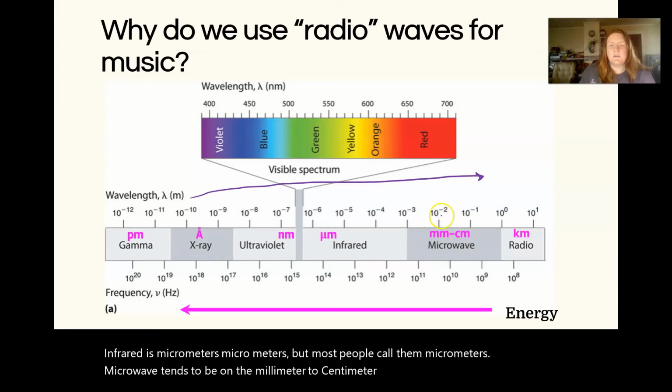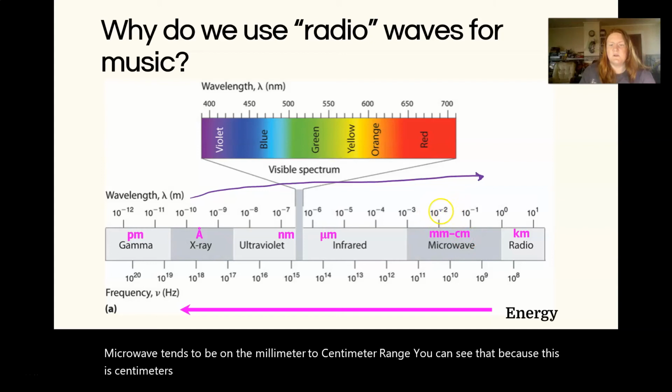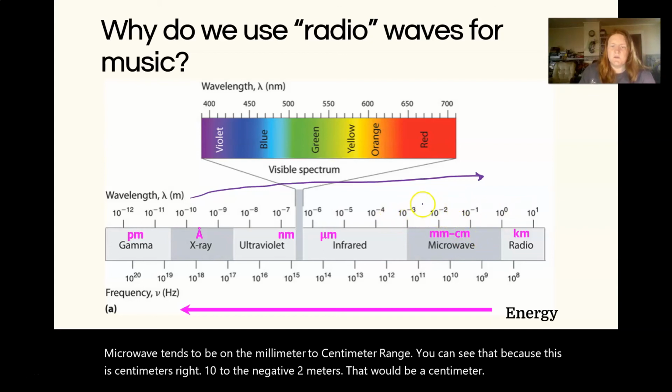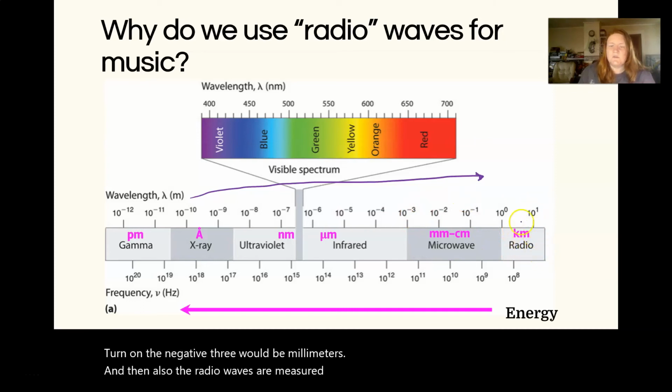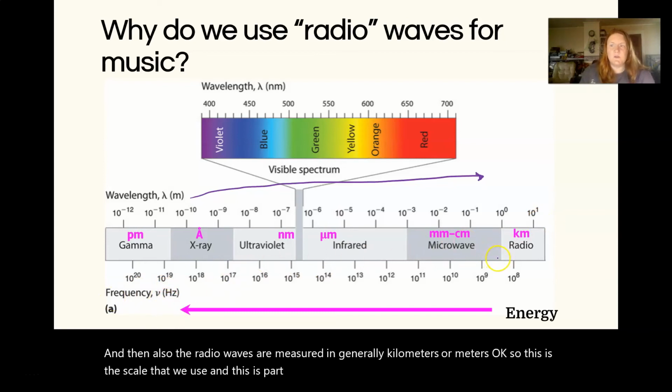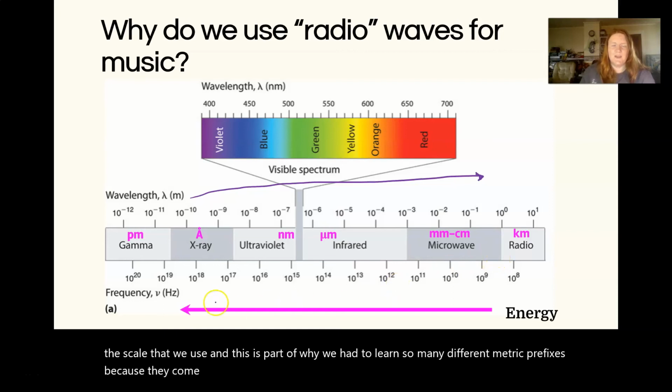You can see that because this is centimeters, right? 10 to the negative 2 meters. That would be a centimeter. 10 to the negative 3 would be millimeters. And then also radio waves are measured in generally kilometers or meters. Okay, so this is the scale that we use. And this is part of why we had to learn so many different metric prefixes, because they come into play.